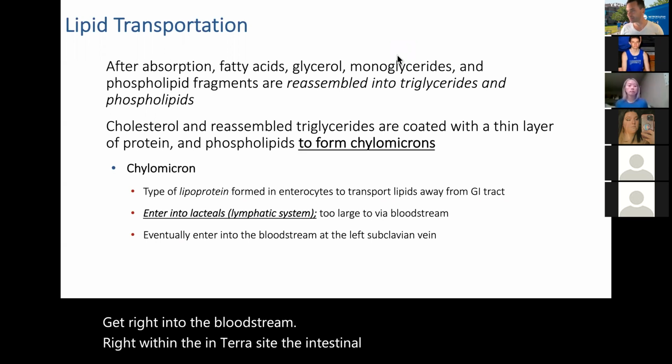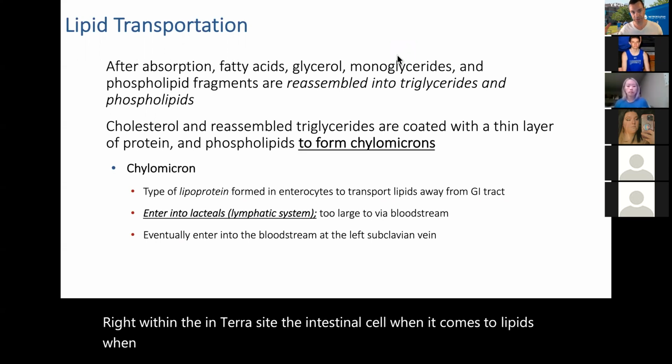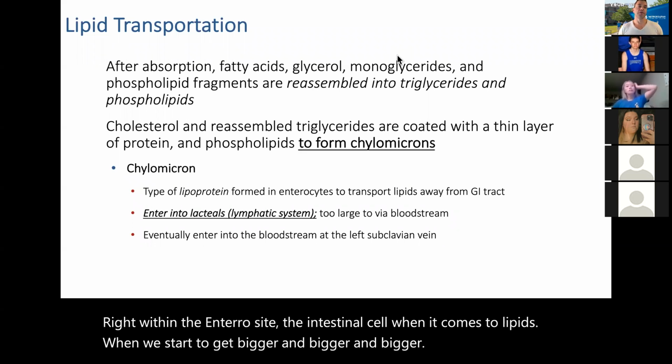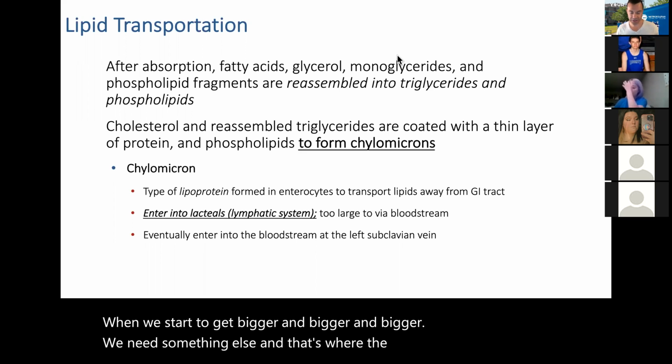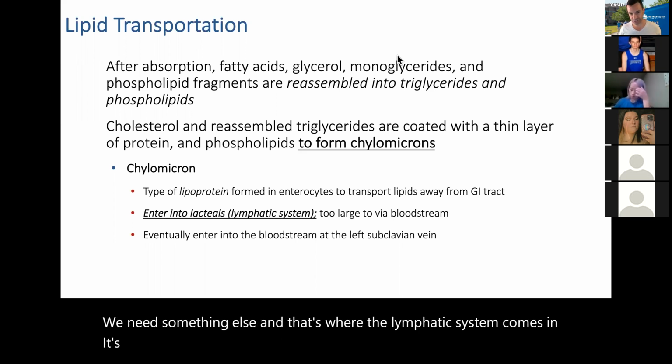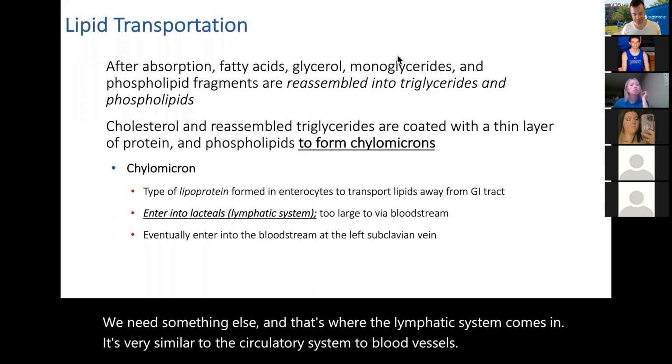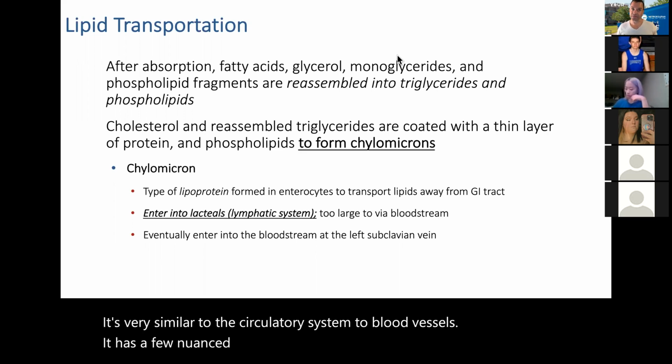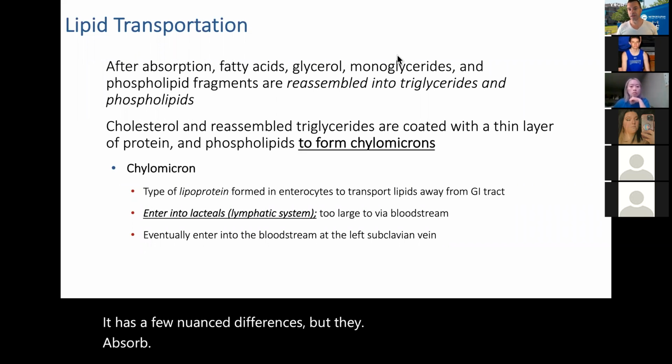When it comes to lipids, when we start to get bigger and bigger and bigger, we need something else. And that's where the lymphatic system comes in. It's very similar to the circulatory system, to blood vessels. It has a few nuanced differences, but they absorb, transport the fat soluble vitamins and our big old lipids here, okay, our long chain fatty acids.